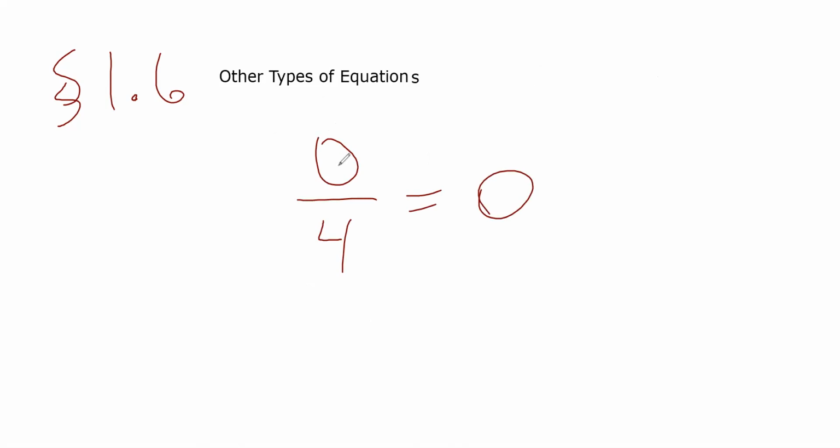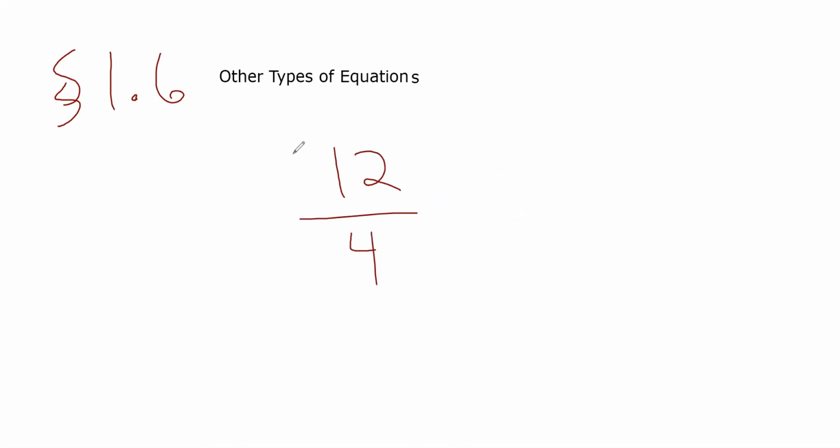When you're dividing, you're asking, what does the bottom number need to be multiplied by in order for me to get the top number? When you do 12 divided by 4, you're asking, what number does the 4 need to get multiplied by in order to produce 12? That's exactly what division is. And you can tell that's 3.